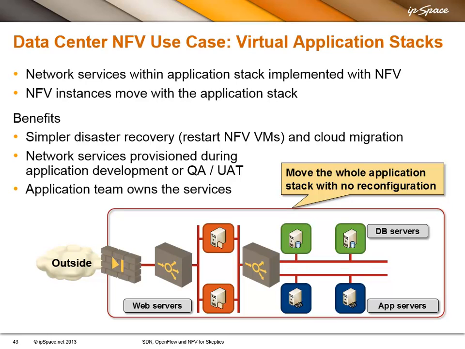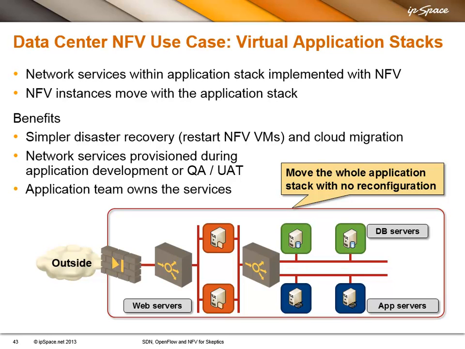For example, in every single data center, you have firewalls and you have load balancers. You usually implement an application stack by taking different servers, grouping them in VLANs or what have you, and inserting network services between these zones or subnets or whatever you want to call them.